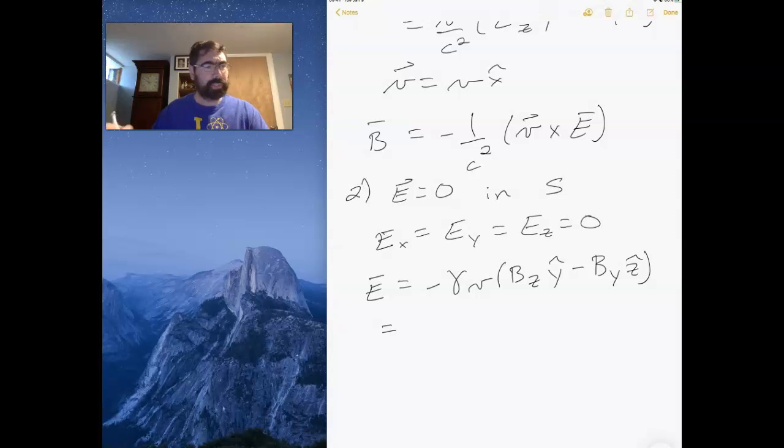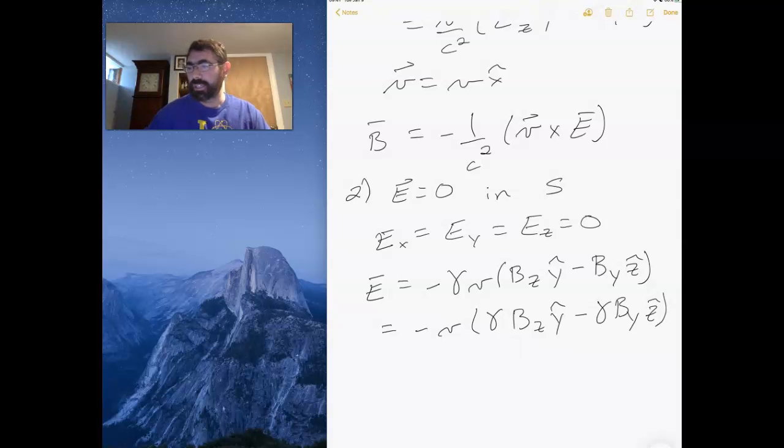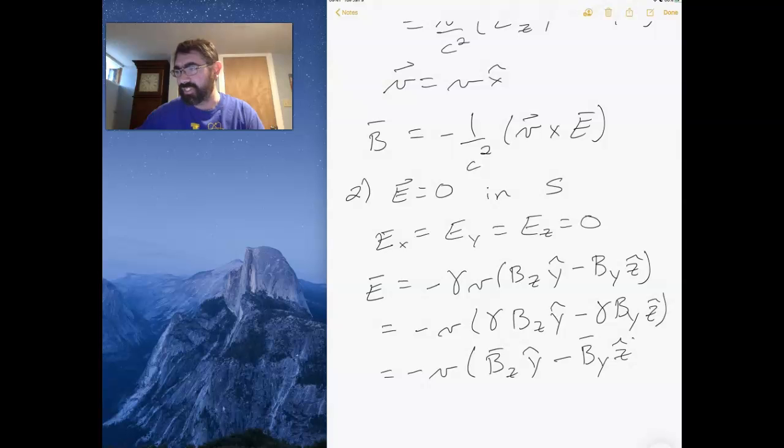Okay, so we can play the same trick. Let's bring the gamma on the inside. So gamma Bz in the y direction minus gamma By in the z direction, and we'd have minus v, the velocity, times Bz bar, measured in the S bar frame, in the y direction, minus By bar in the z direction.